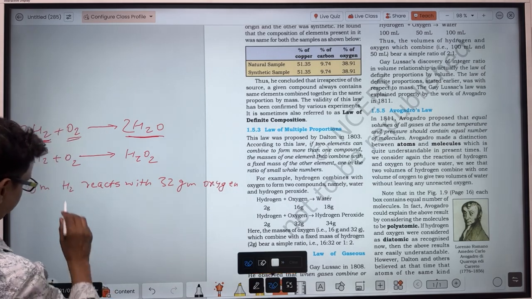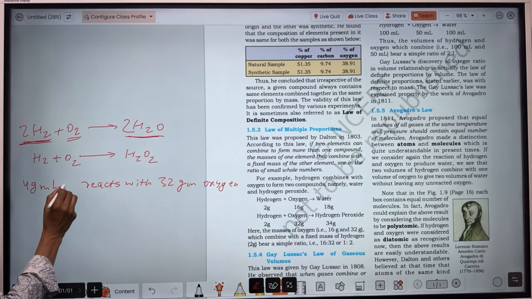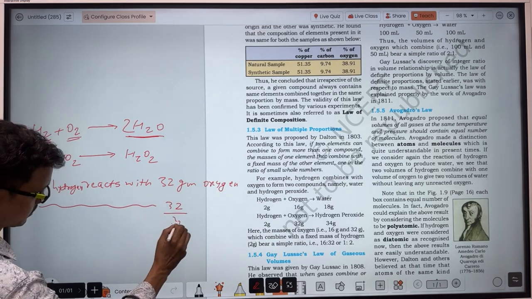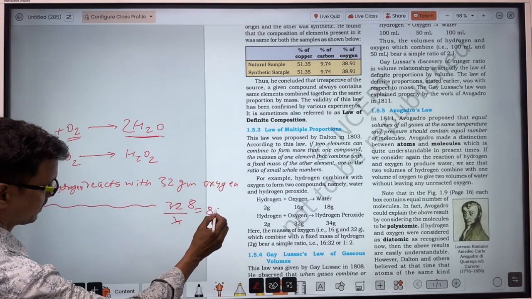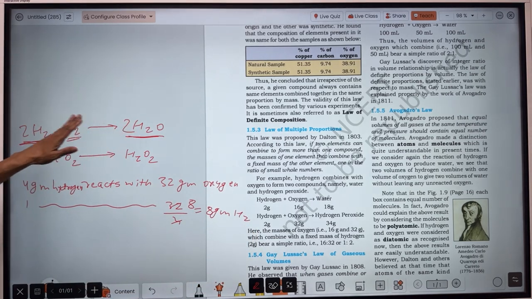Better you write hydrogen, because maybe someone will get confused by atom or molecule. So 4 gram hydrogen reacts with 32 gram oxygen. So 1 gram of hydrogen will react with how much? 32 upon 4, that means 8 gram oxygen for this reaction.